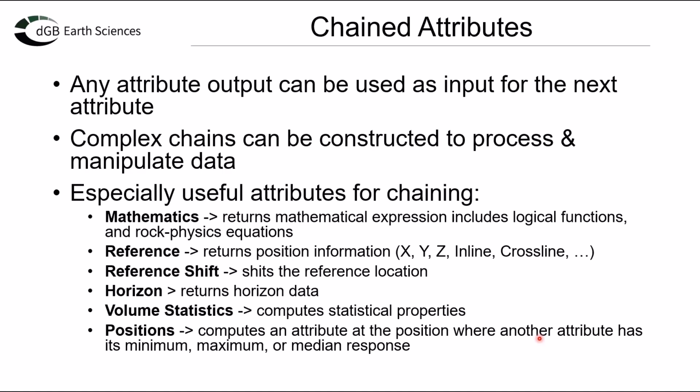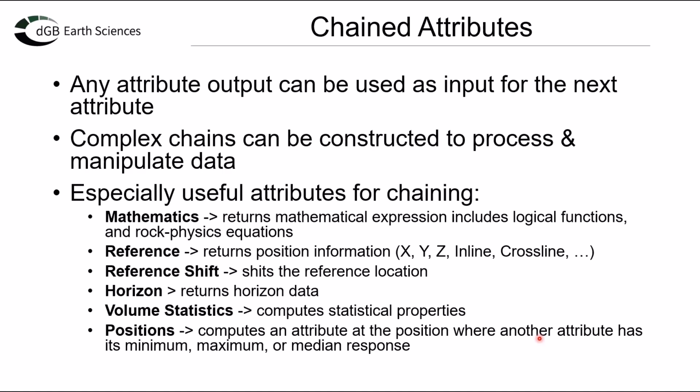In this way you can build complex chains, and you can construct these to process and manipulate data in various ways. Especially useful in this context is of course the mathematics attribute, which returns a mathematical expression. You define it yourself. You can include logical functions like if then else, and you can start from a rock physics equation, because this is linked to our rock physics library as well.